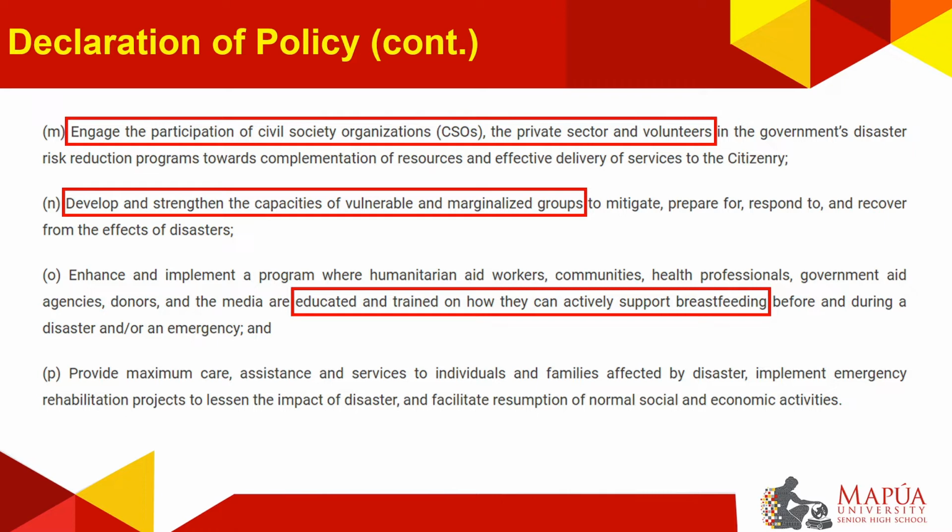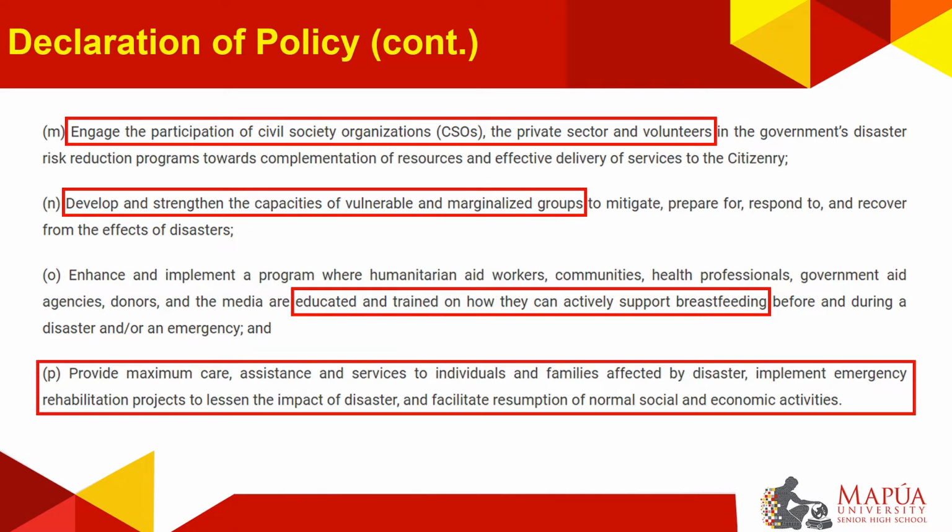One focus of this policy is also for the youth and for the children's development despite the presence of natural disasters. And for letter P, to provide the maximum care, assistance, and services to individuals and families affected by disaster, implement emergency rehabilitation projects to lessen the impact of disaster and facilitate the resumption of normal social and economic activities.